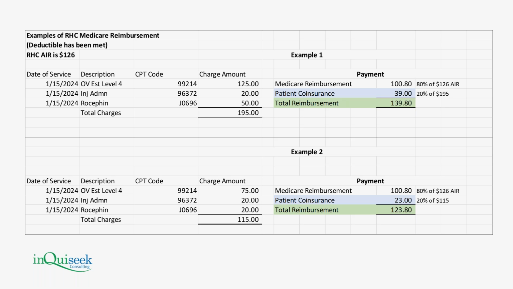They really have a hard time because if their charges are not high enough, they won't always come close to meeting their AIR. So these are what your normal remits are going to look like after deductibles have been met. And the ones before looked like the ones with the negative remits when the deductible had not been met.